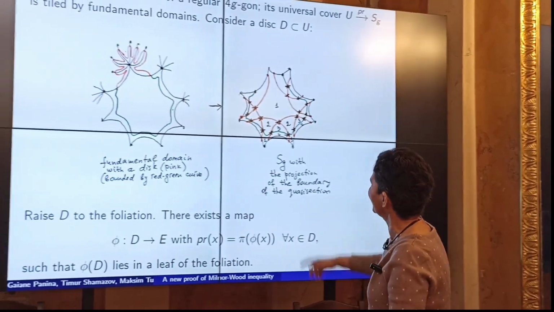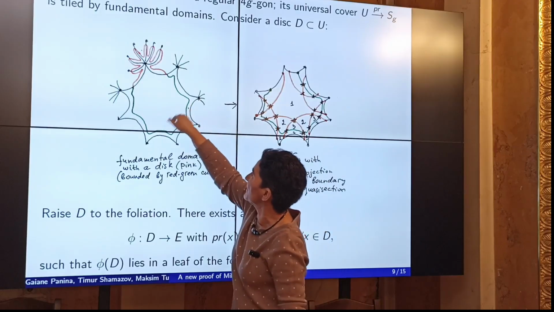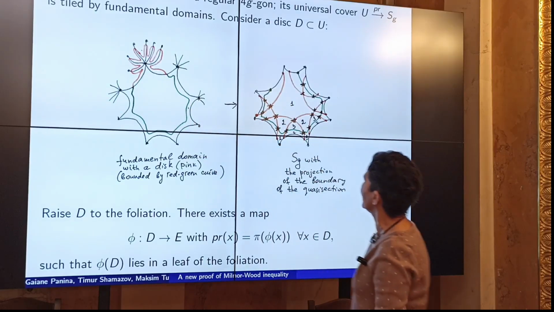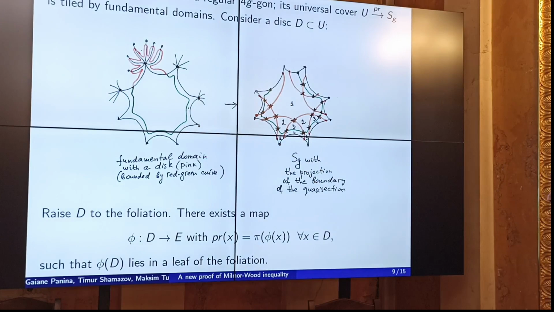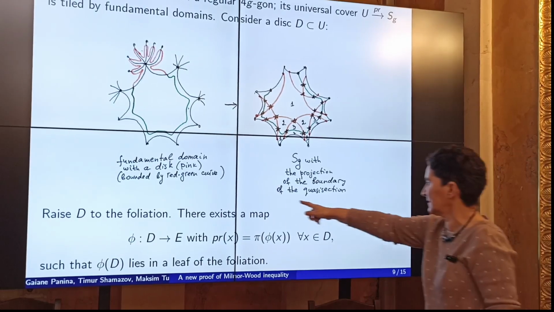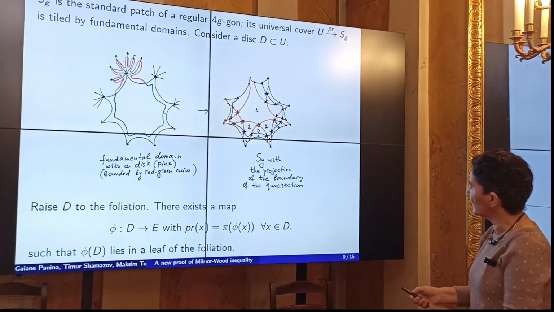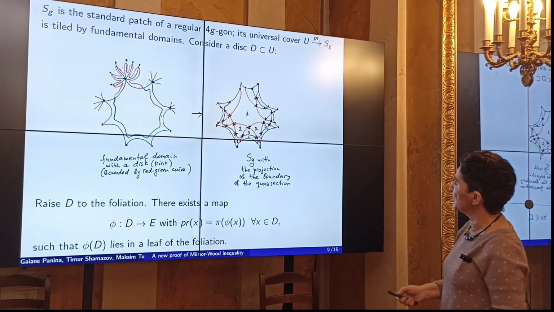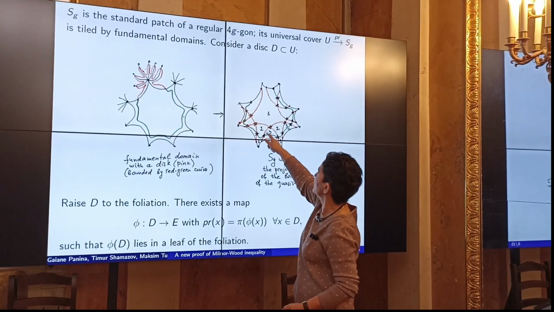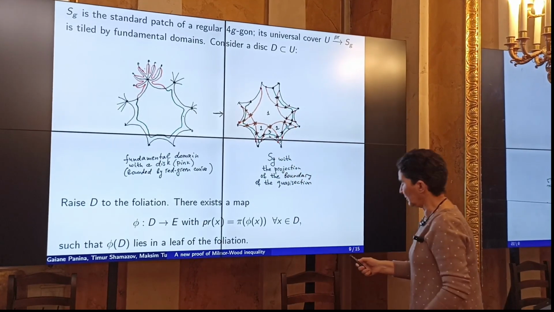And these are all these curves in the projection on the unfolding. This is the explanation of how we raise the disk to the foliation. In the unfolding, it is very easy to list the singular points.